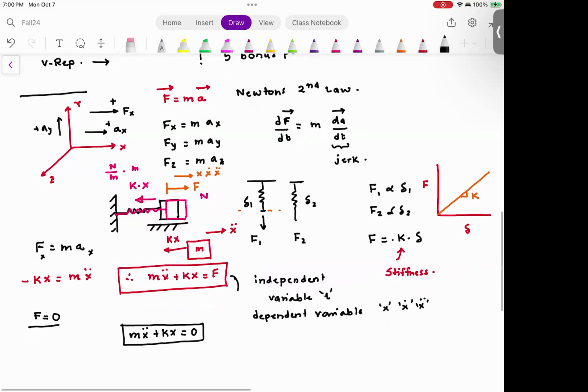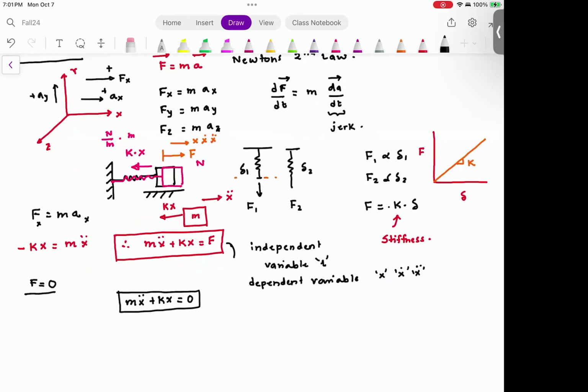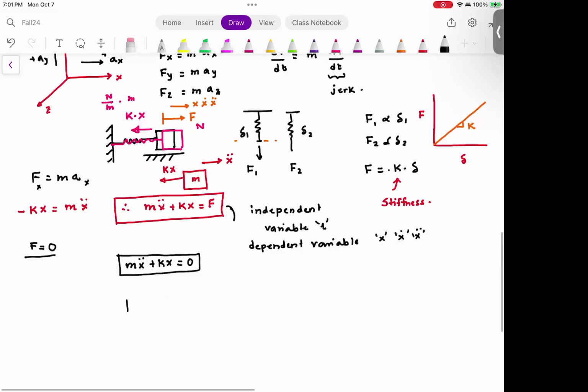Okay, so I'm going to try to show this. You have this spring, you have this mass, this is k, this is m, and this mass is going to go from one extreme point to the other extreme point.